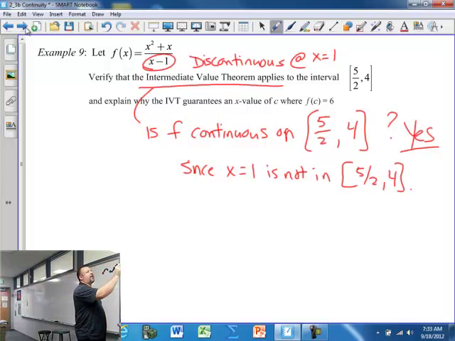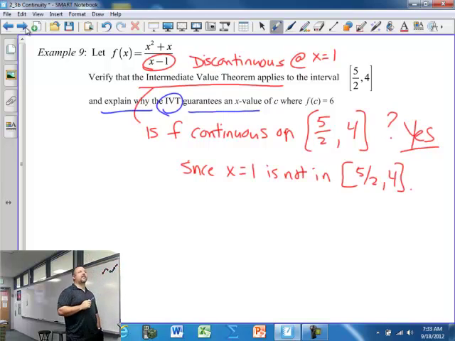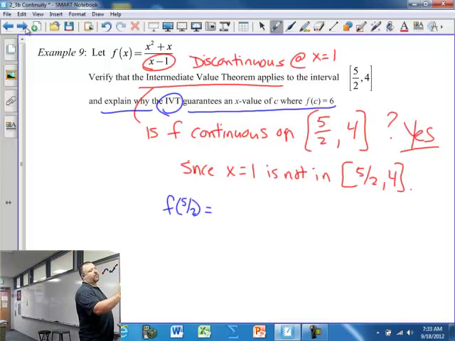So what do we do? We just simply test the left and right side because we want to explain why the intermediate value theorem guarantees an x value of c, where f of c is 6. And that c value has to be between 5/2 and 4, by the way. So we plug in 5 halves and plug in 4. I end up with 5 halves squared, which is 25 fourths, plus 5 halves over 5 halves minus 1.